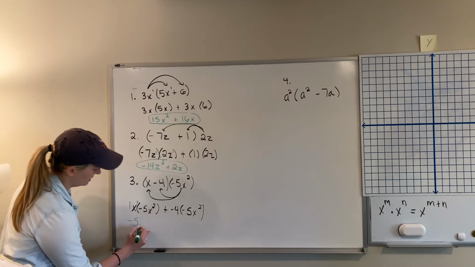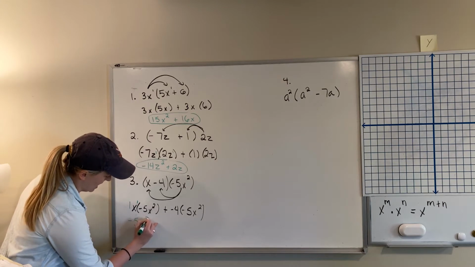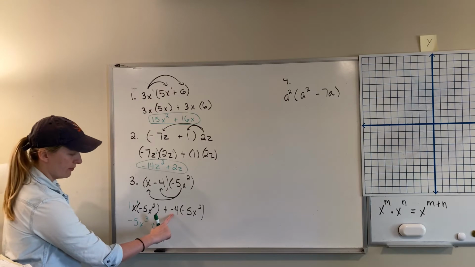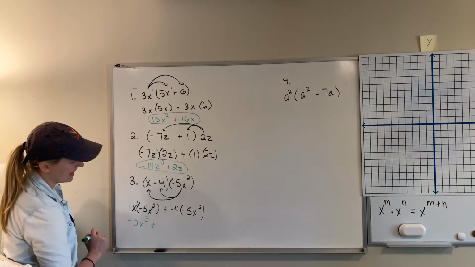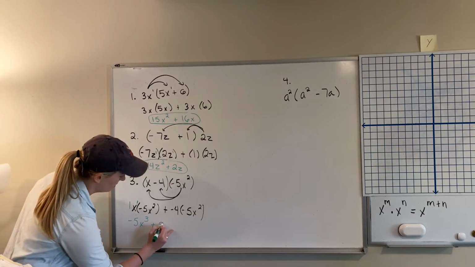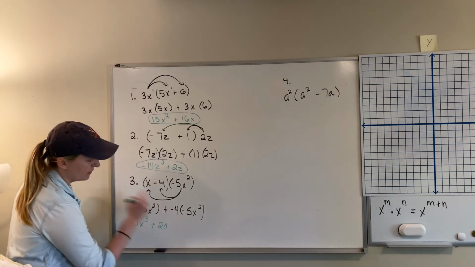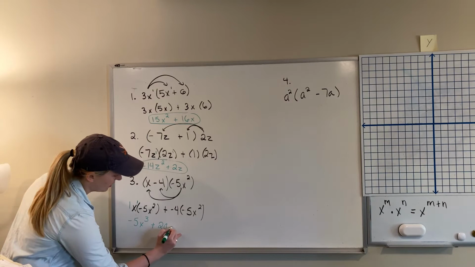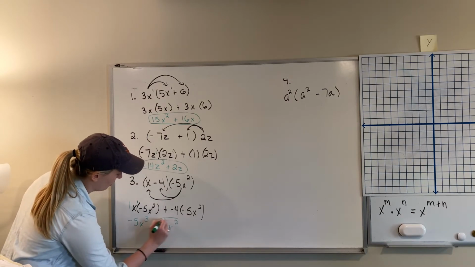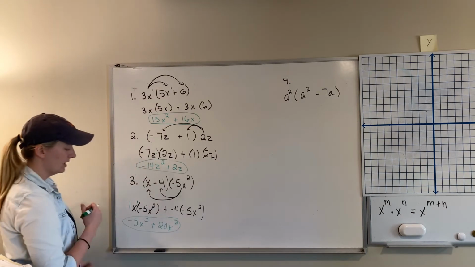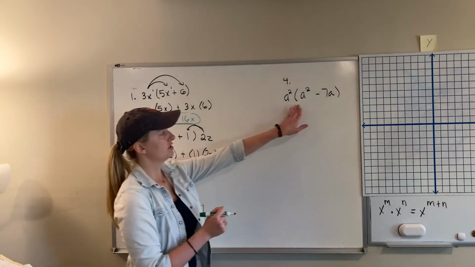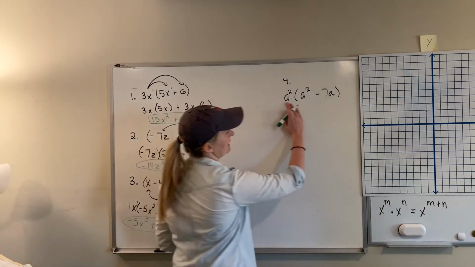So 1 plus 2 is going to be 3. x to the third, plus negative 4 times negative 5 is going to be positive 20. I don't have an x in my second term, so I'm just going to carry over my x from the other one, and I'm going to get x squared. So my final answer, negative 5x cubed plus 20x squared.